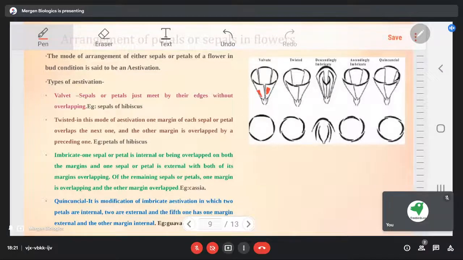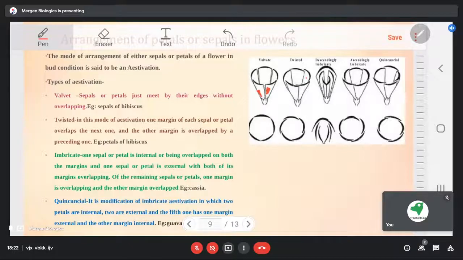That is, they are twisted, they are overlapping each other. As you can see, this particular petal is overlapping this one, and this one is overlapping the next. So they are known as twisted estivation. You can find this estivation both in sepals and petals.